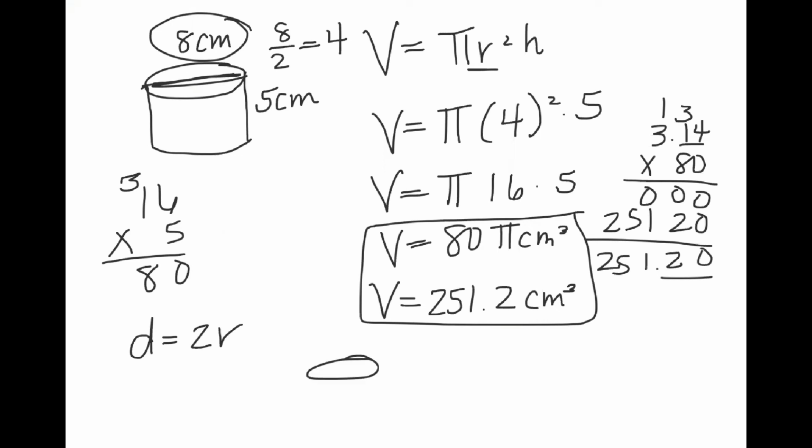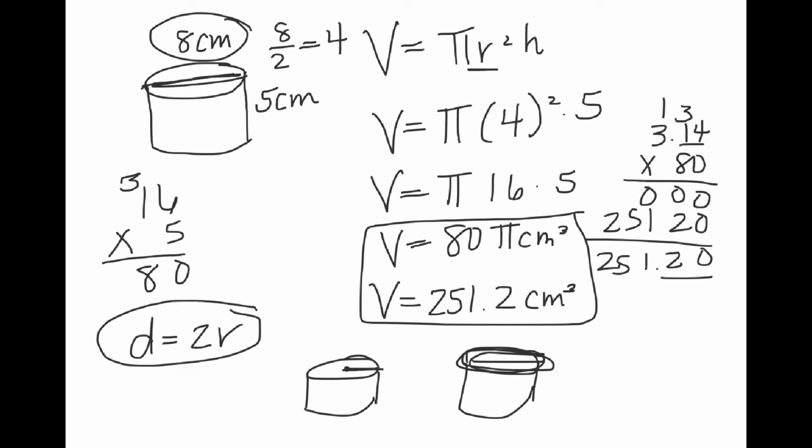Sometimes we'll get one that is just radius. The radius goes from the middle to the outside. All the times that are diameters go from one end to the other. Okay, I didn't know that part. It's okay. That's why we're learning it. Whenever we see a diameter, we have to add the step of dividing by 2. Or if you want to memorize this, then you just plug in the diameter here and divide it by 2 anyway. Either way, it's going to get you where you need to go.